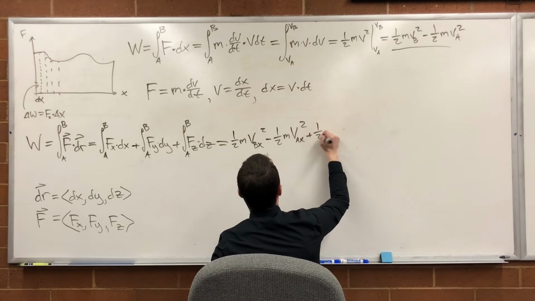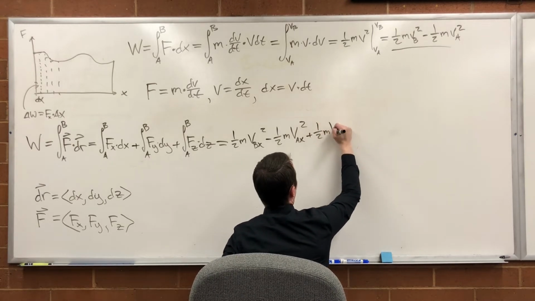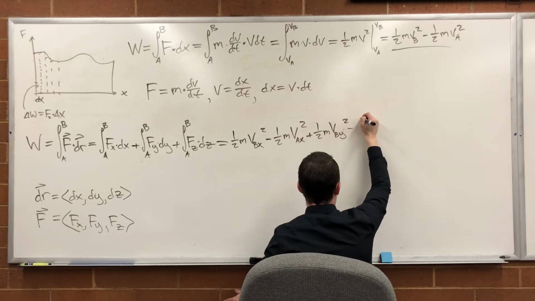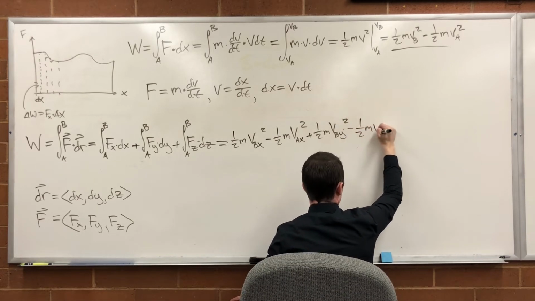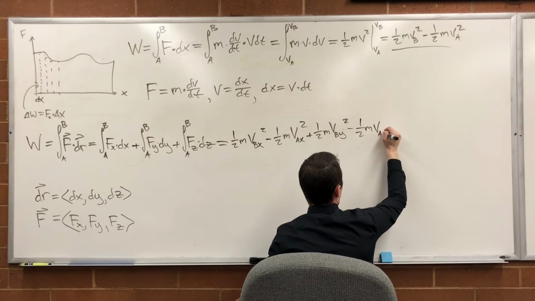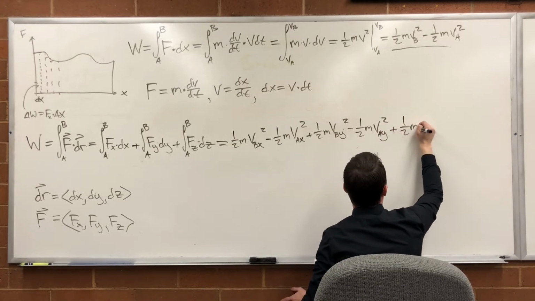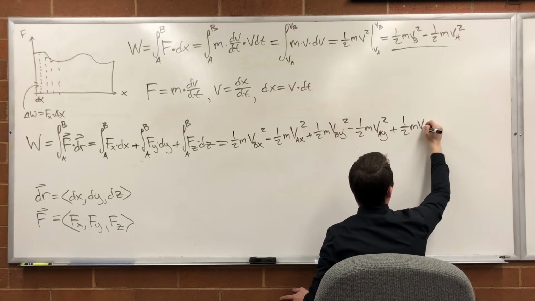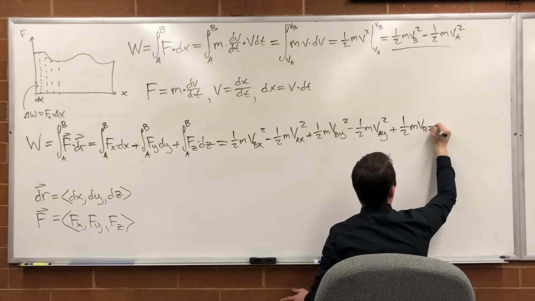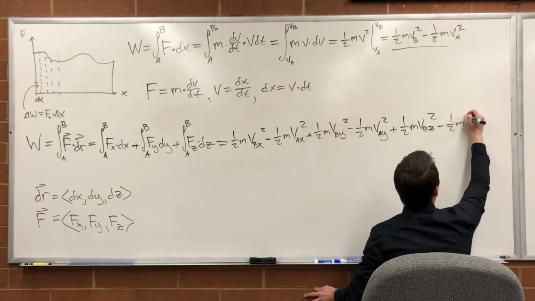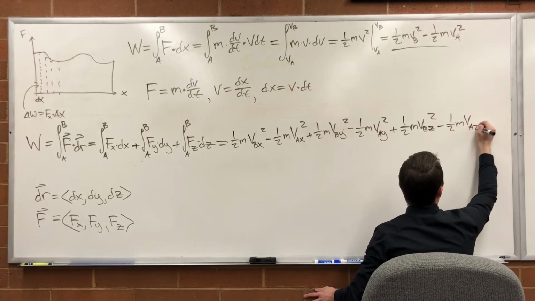So plus 1/2 m v at point B in the y direction squared minus 1/2 m v at A in the y direction squared plus 1/2 m v at B in the z direction squared minus 1/2 m v at A in the z direction squared.